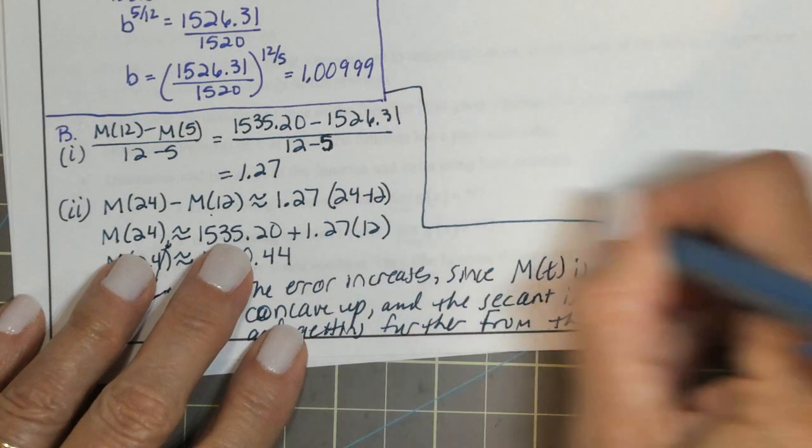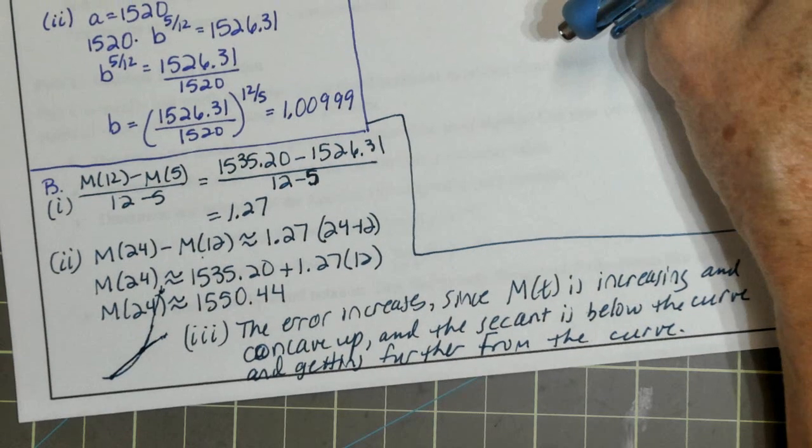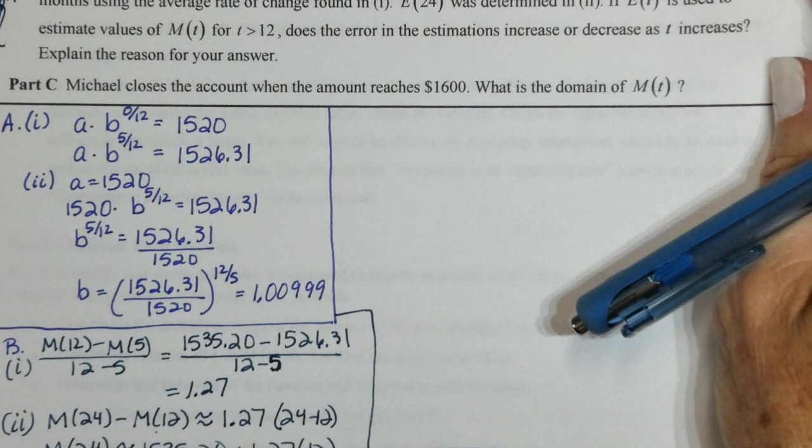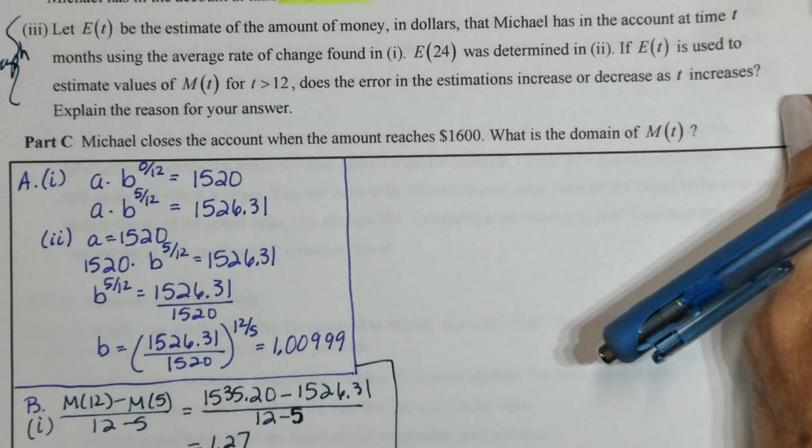Good enough. Harder part. That's always a harder part. But you know it's going to deal with the shape of the graph.